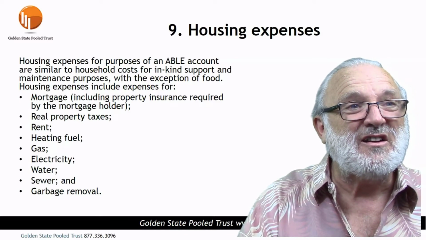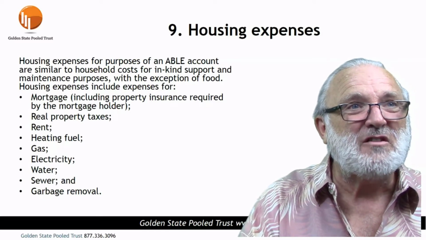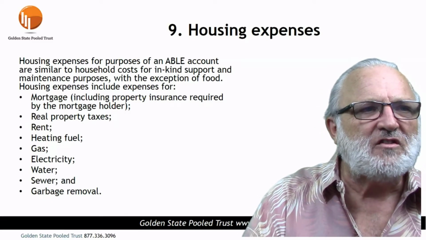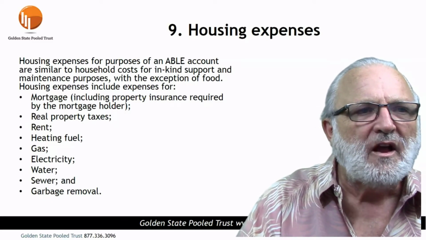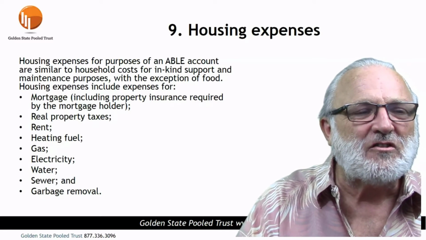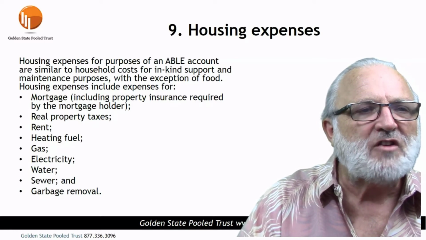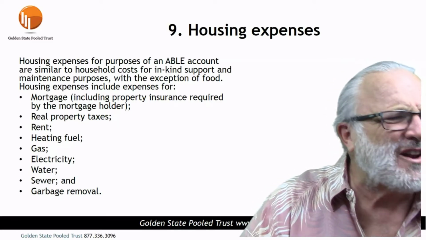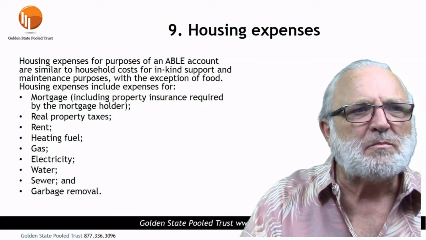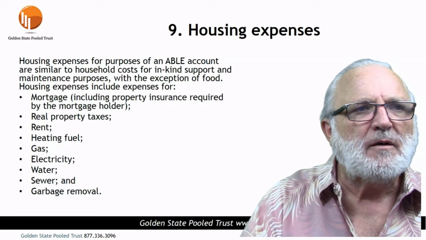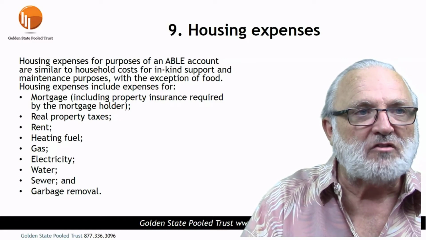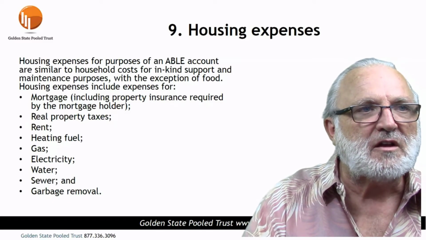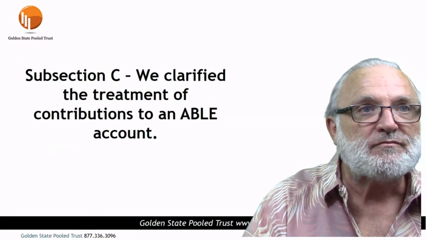What this is saying here is that the housing expenses that SSI usually counts are these items, and as we're going to see later, if the payment for these things is made through an ABLE account, it's not going to reduce their SSI benefits for housing. Once again, if you want to learn more about that, go back to the playlist and look at the video we did on housing for ABLE account owners. But this is a huge benefit of using ABLE accounts for many people on SSI.